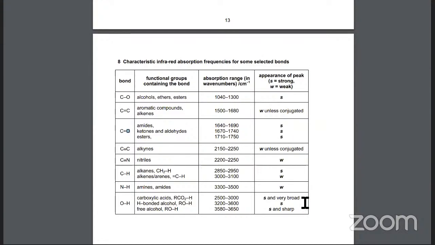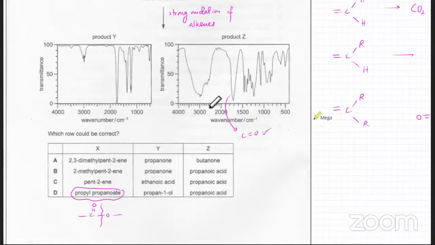Then you get a very strong and very broad absorption around the 2500 to 3000 mark if there's an OH of a carboxylic acid. So go back and have a look. You get a strong absorption over here, which indicates that this is an OH absorption that belongs to the carboxylic acid. Is that clear?